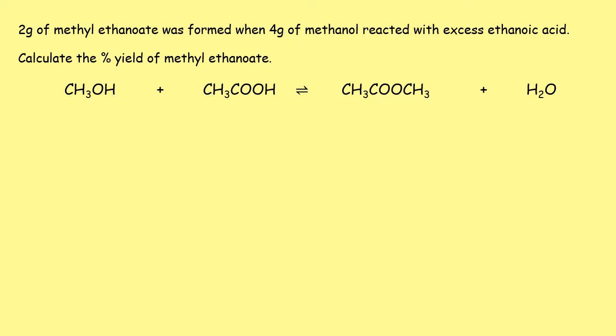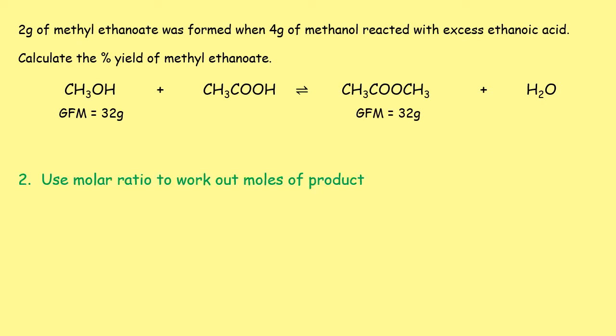Our second step is then to use the molar ratio to work it out. Now, most questions that they do are actually this type of reaction. It's known as an esterification. You learn about it more in Unit 2. It's usually a 1-to-1 ratio.